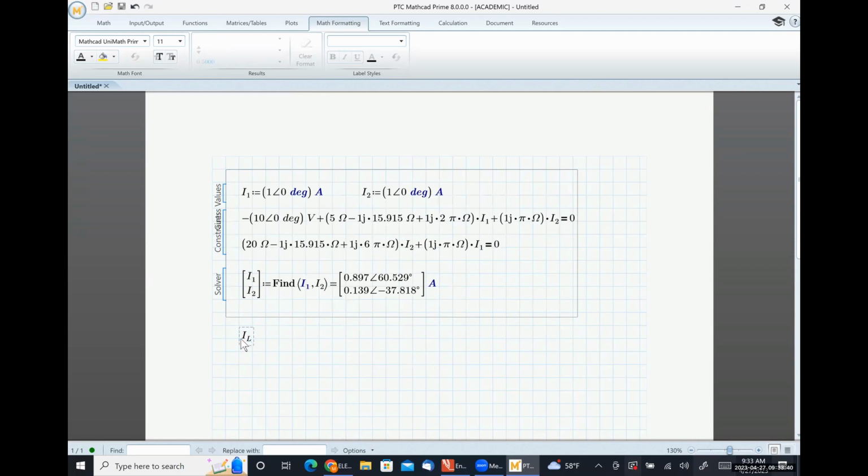And the IL that we are trying to find is just negative I2. So I get to be 0.139 amps with an angle of 142.182 degrees.